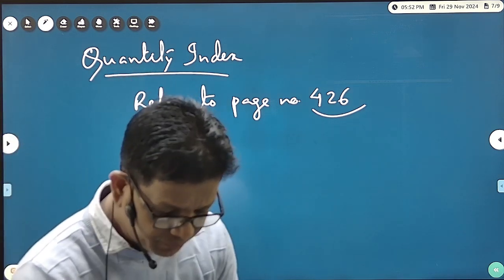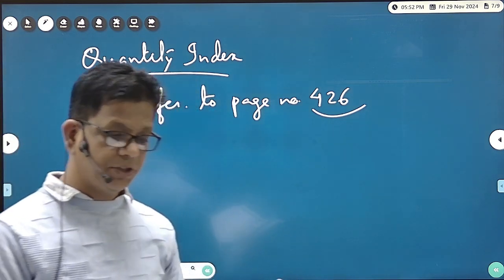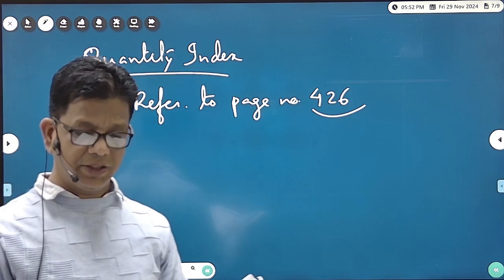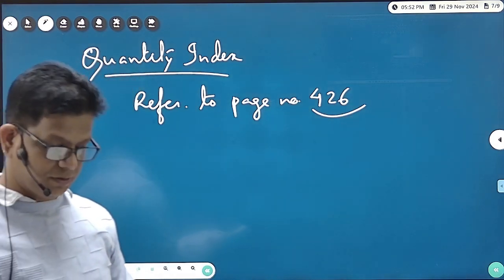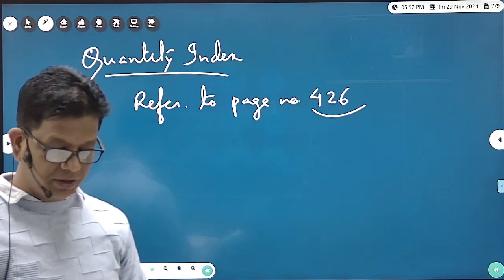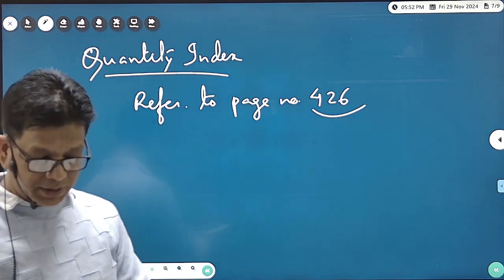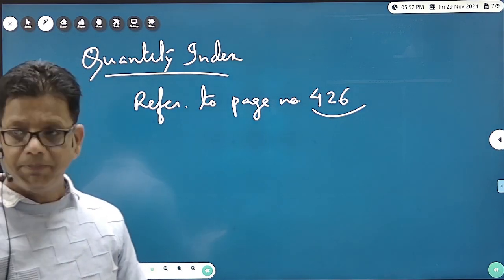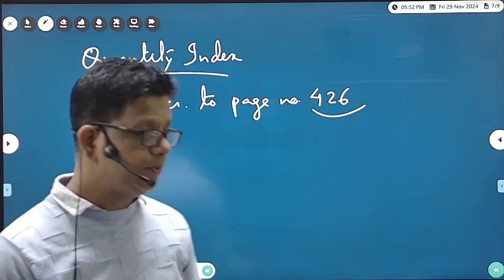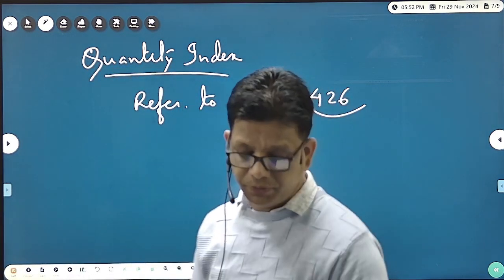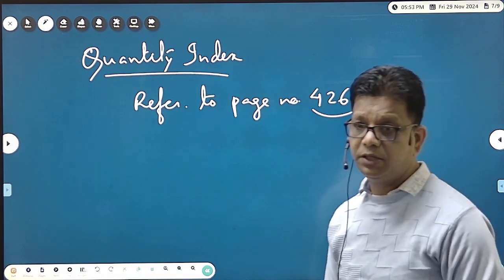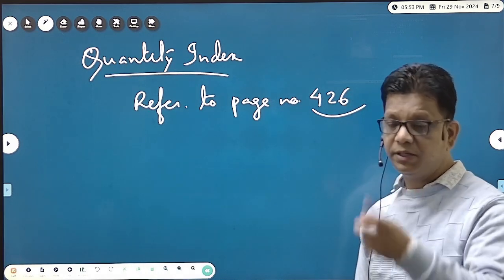After that, you have some MCQ questions. Go through these questions, calculating all these price indices or quantity indices, not only for this module but for all the modules. After completing the questions, keep a note of all the formulas correctly, otherwise you cannot get the correct answer in the exam.